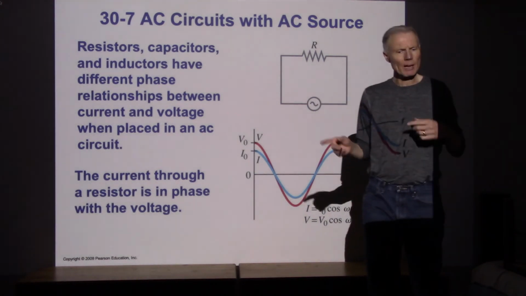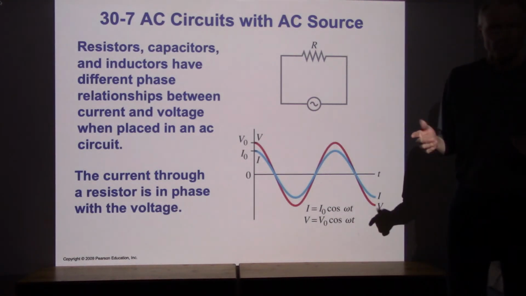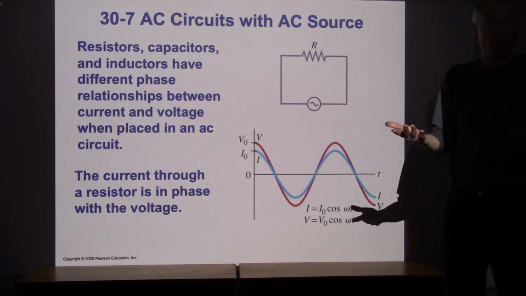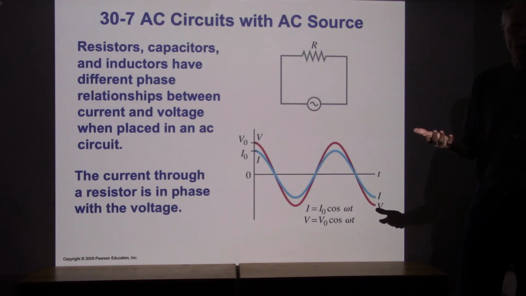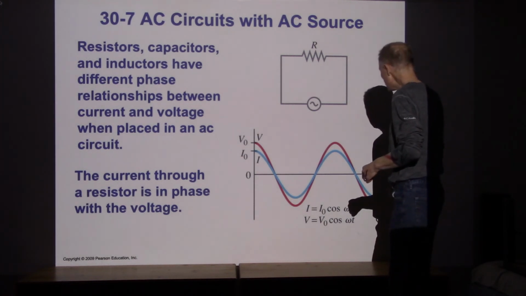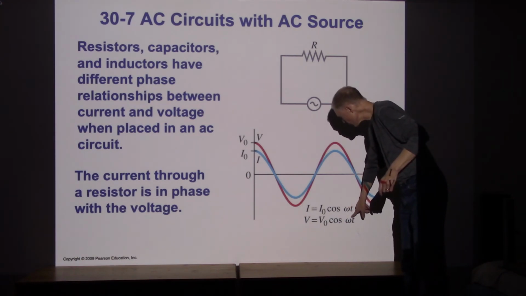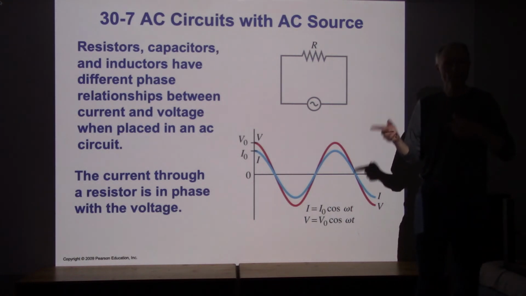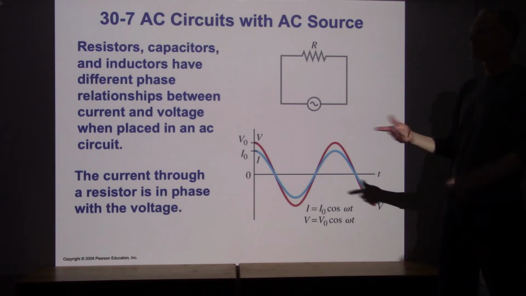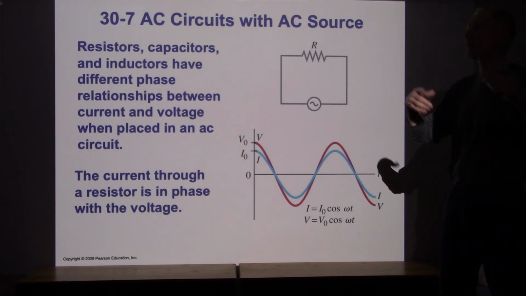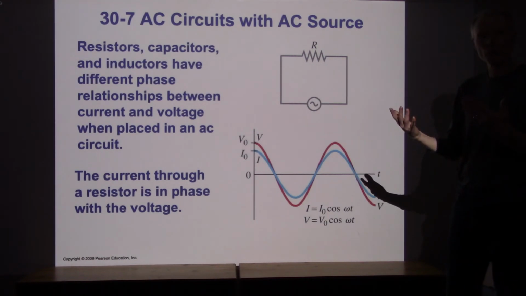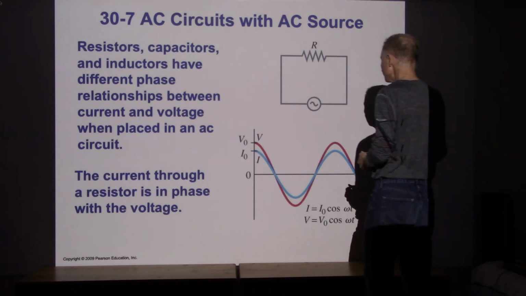If I've got a power supply that is oscillating at a certain frequency in terms of voltage, then the only possible current is a current oscillating at that same frequency. It's not like the power supply is at 60 hertz, but the current's going to be at 65 hertz. The current is going to be driven at that same frequency.